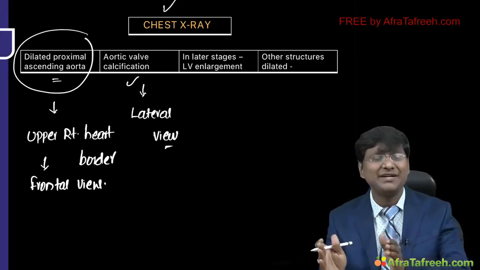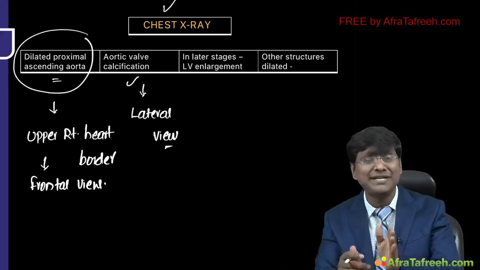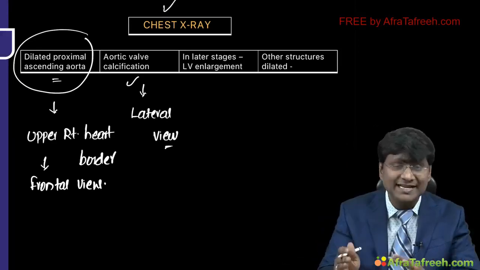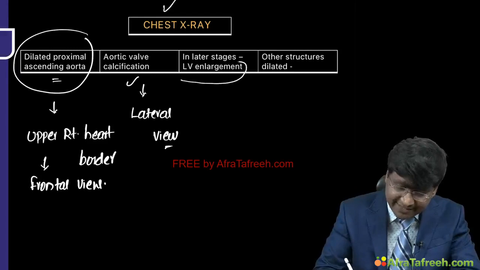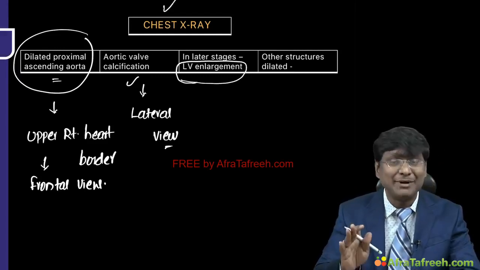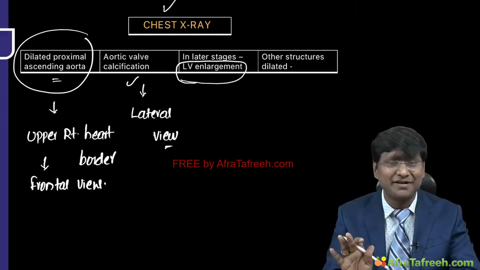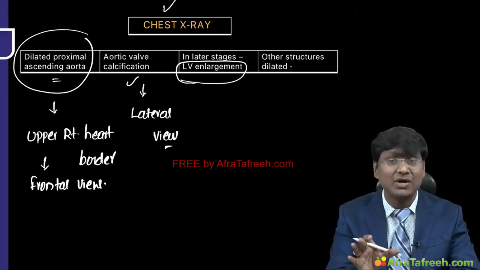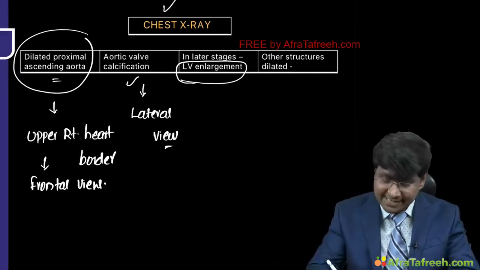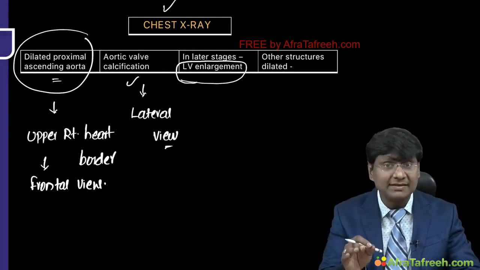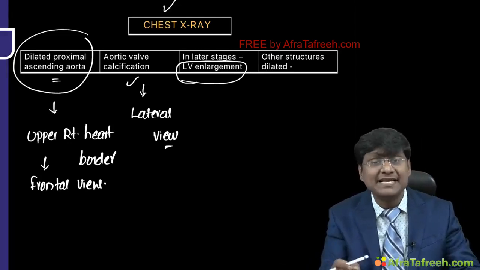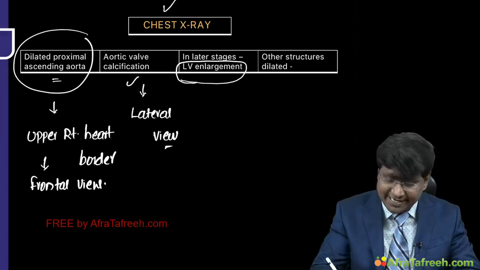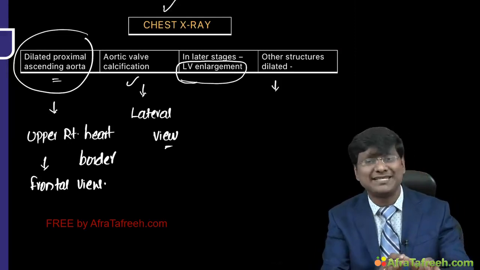Now, as the severity or duration of the aortic stenosis progresses, in the later stages, you will notice that there is left ventricular enlargement. But remember, in early stages, you don't see left ventricular enlargement. You will see only a concentric hypertrophy. And not only left ventricular enlargement, there are some other structures which are dilated that you can observe on the chest X-ray.